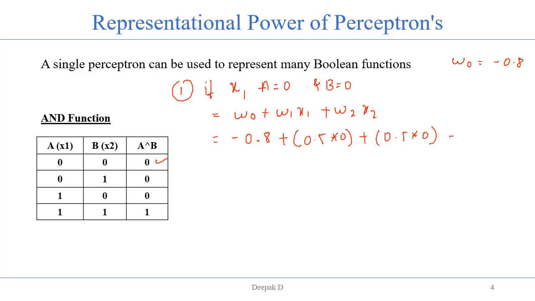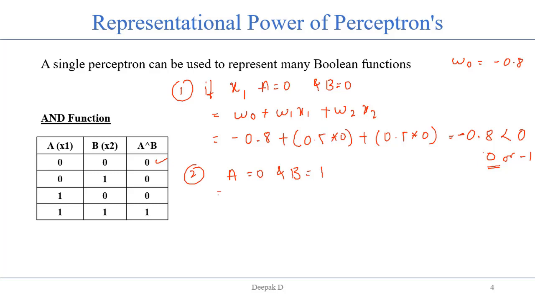So the value is minus 0.8, which is less than 0. We have already seen that if the output value is lesser than the threshold value, the output is minus 1, or for our problem it will be taken as 0 or minus 1.